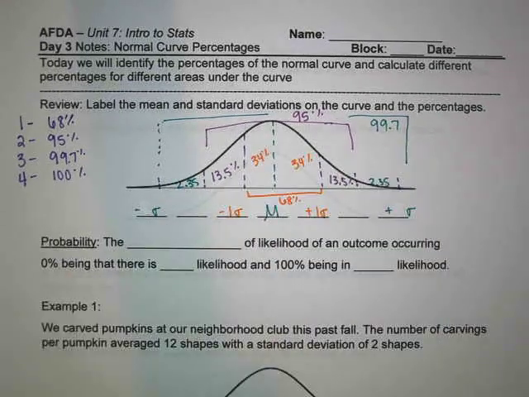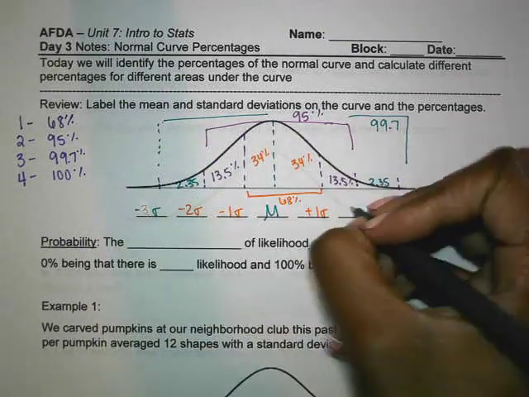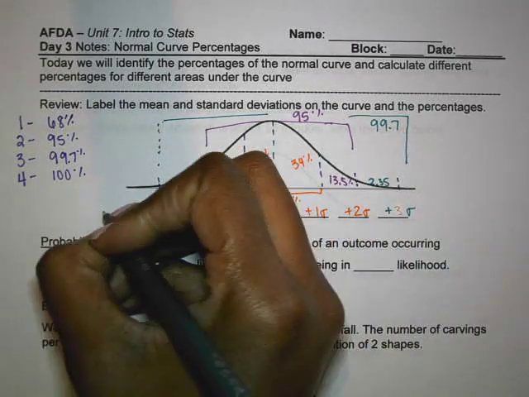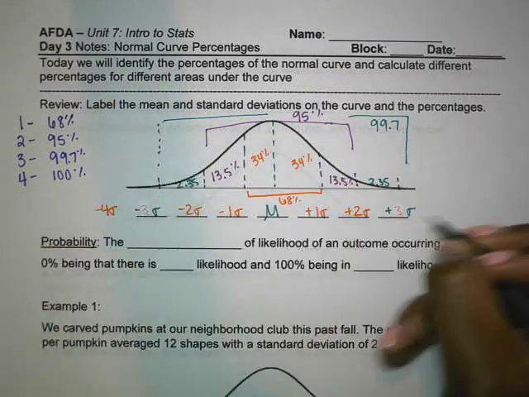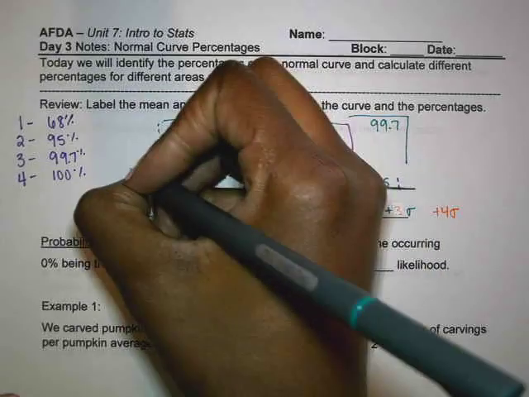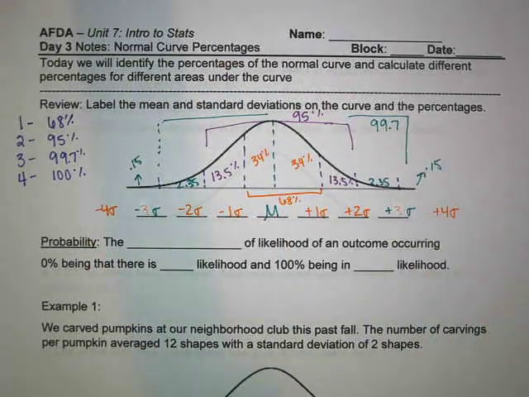All right, so we said if we were to go out to 4 deviations, that would be 100%. So that means that this little piece here would be 0.15 and this piece here would be 0.15. Okay, so those are my curves.